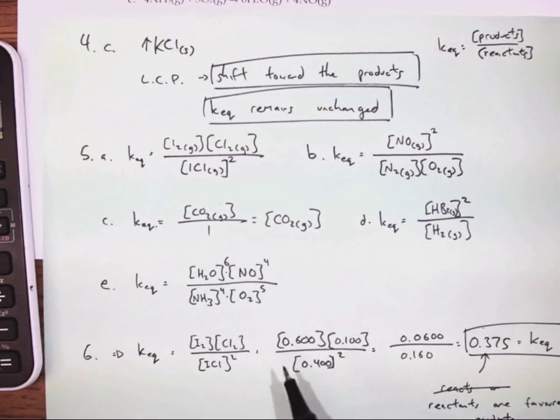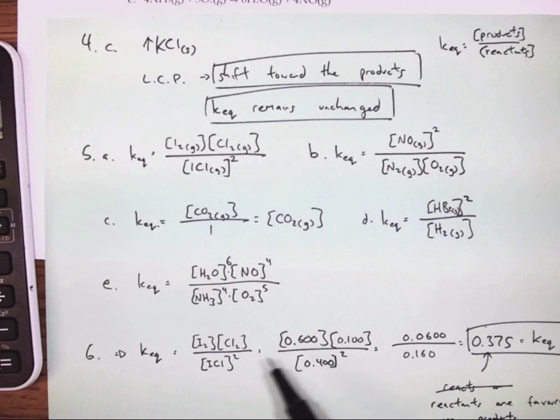So we divided the products by the reactants. We got a number smaller than 1, meaning the number we divided by must have been bigger, meaning the reactants must have been bigger.